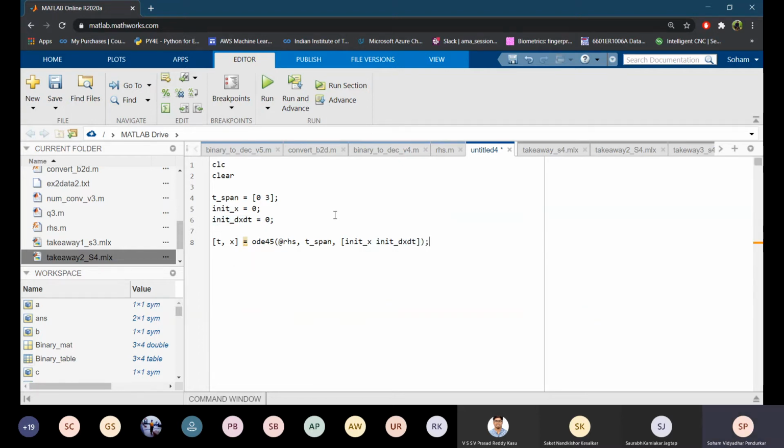Okay, so that's it. That is the ODE45 definition. And yes, now we'll have our solution.